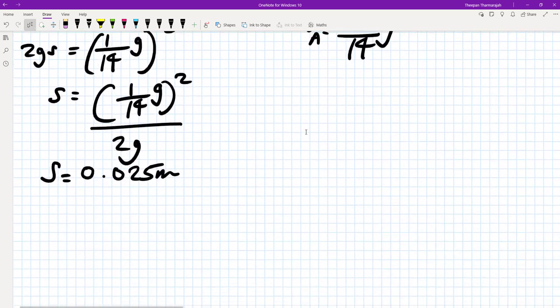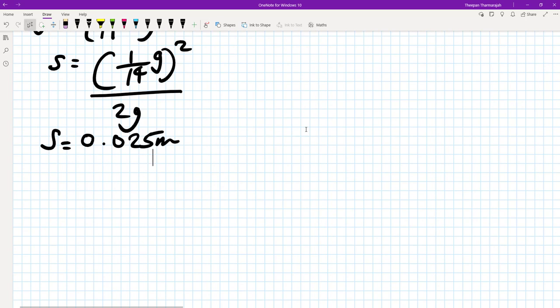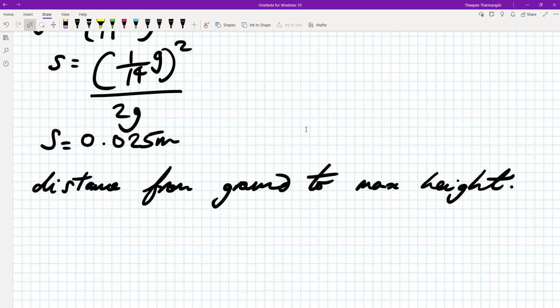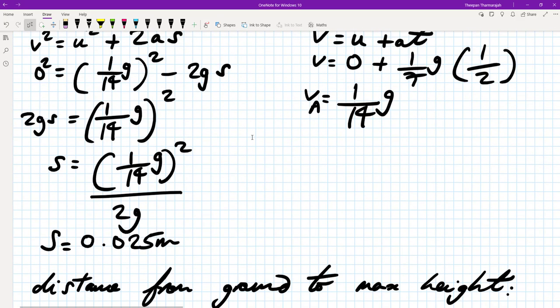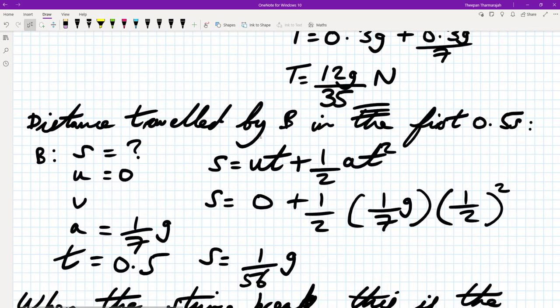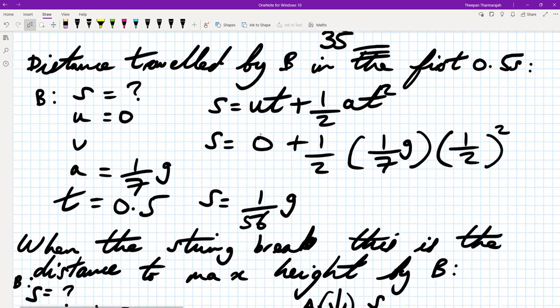So I'm going to say the distance from the ground to the maximum height. You've got to be careful in the addition here. We know it's already 1 meter above the ground. Then it travels a distance we worked out of 1/56 g.